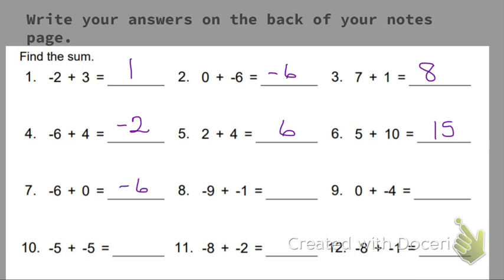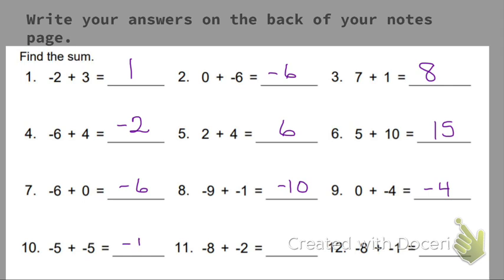So negative 6, negative 9 plus negative 1. So same signs, add, and keep the sign. 0 plus anything is just the other number, right? Negative 4. Number 10, negative 5 plus negative 5. So 2 negatives, so same signs.